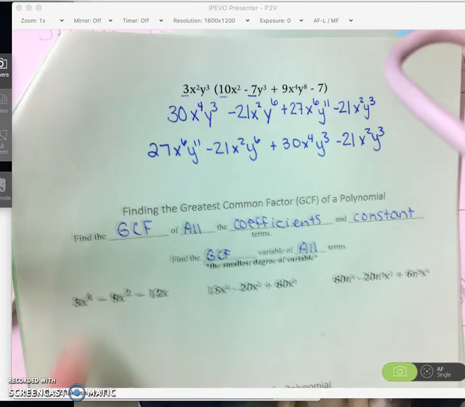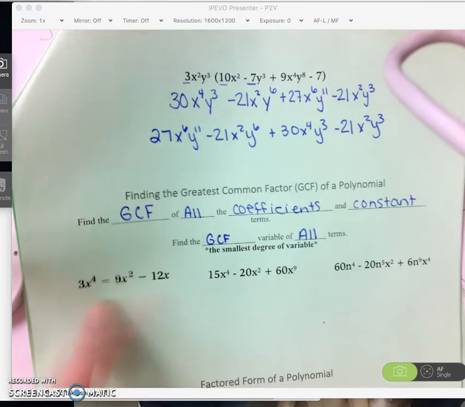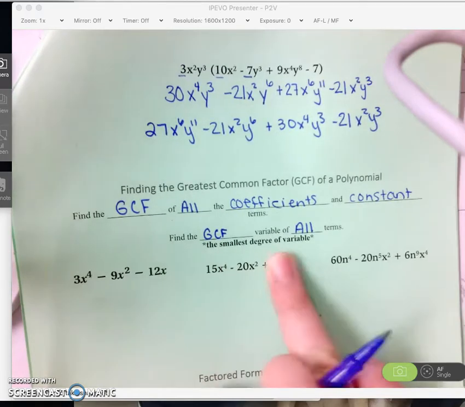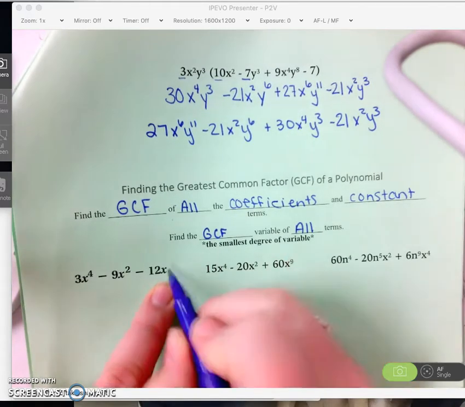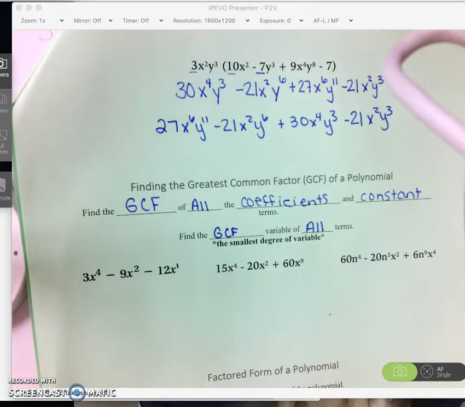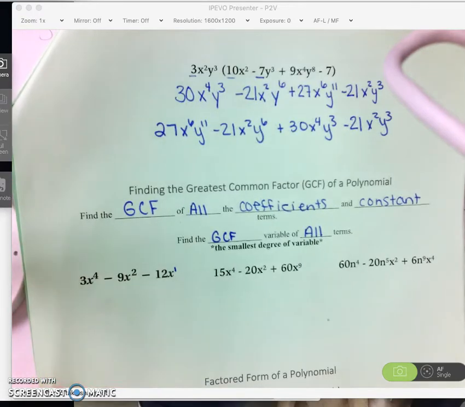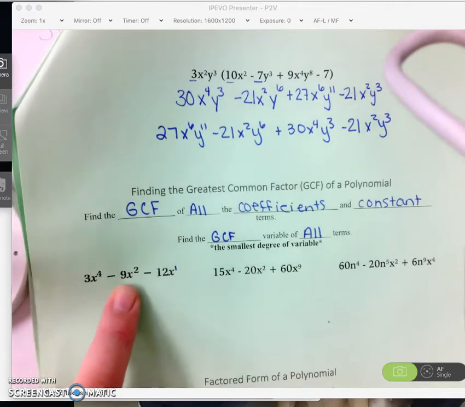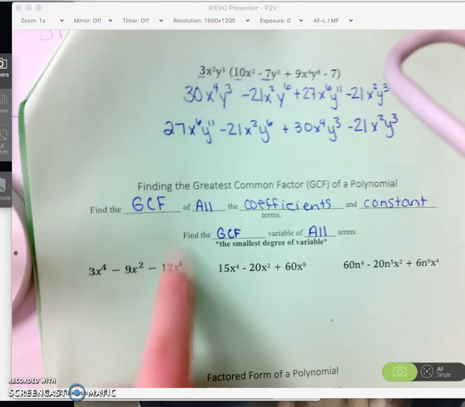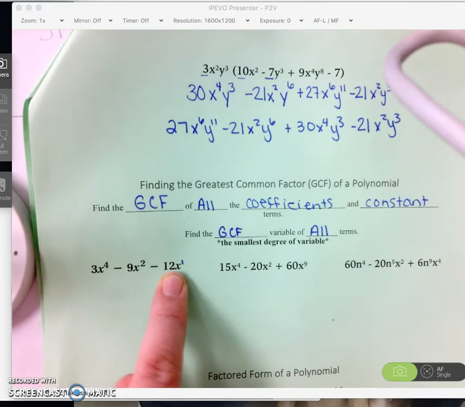So first, looking at the variables, you're going to look at the smallest degree of variable. So here I only have x to the first, so the most I can take out of all of them is x to the first. Because if I take out x to the second, it's too big. I wouldn't be able to take x to the second out of this one here.